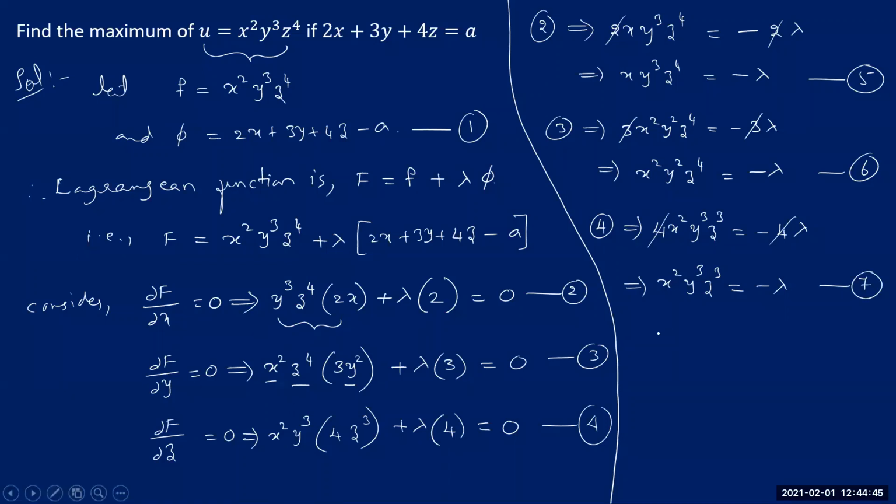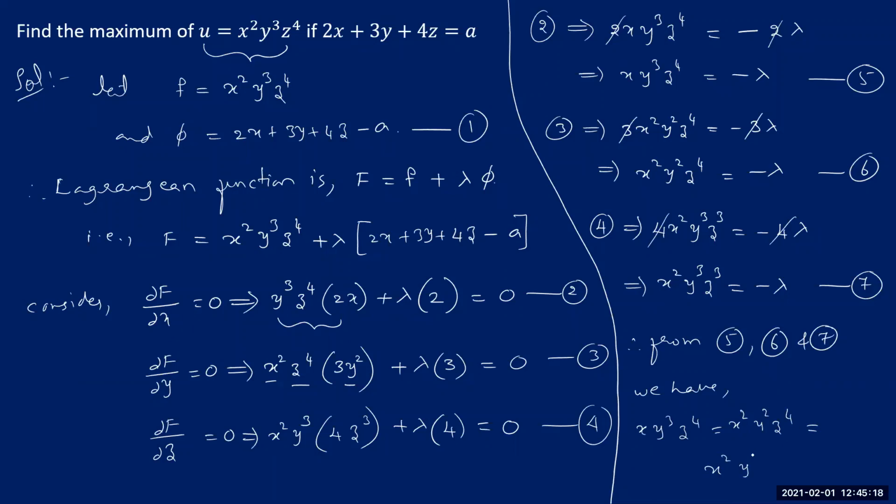Now, when we compare these three equations, from equations 5, 6, and 7, we can equate all these left-hand sides. But because we need to simplify the values of x, y, and z, instead of taking all three simultaneously, let us take only two.